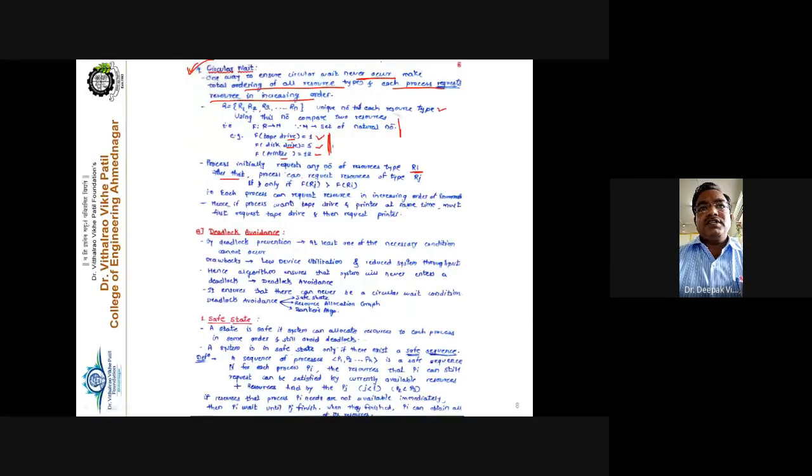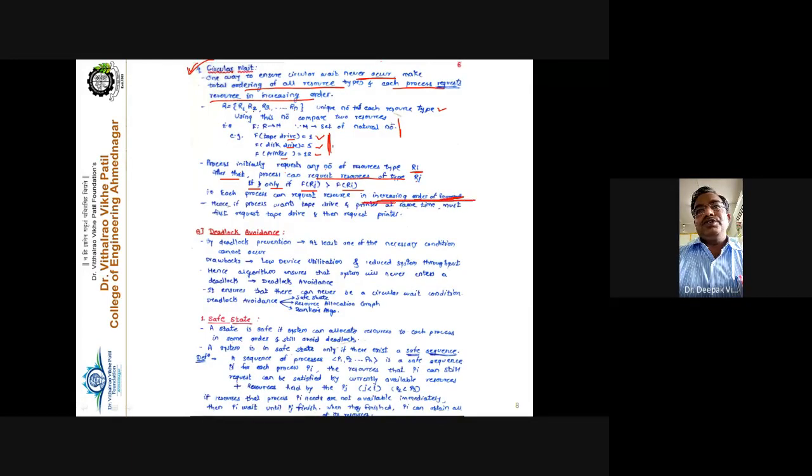After that, the process can request a resource of type Rj if and only if f of Rj is greater than f of Ri. That is, each process can request resources in increasing order of their enumeration.